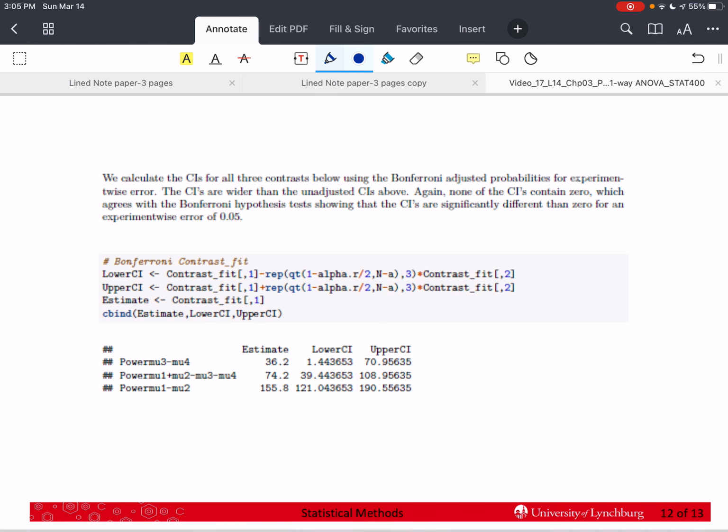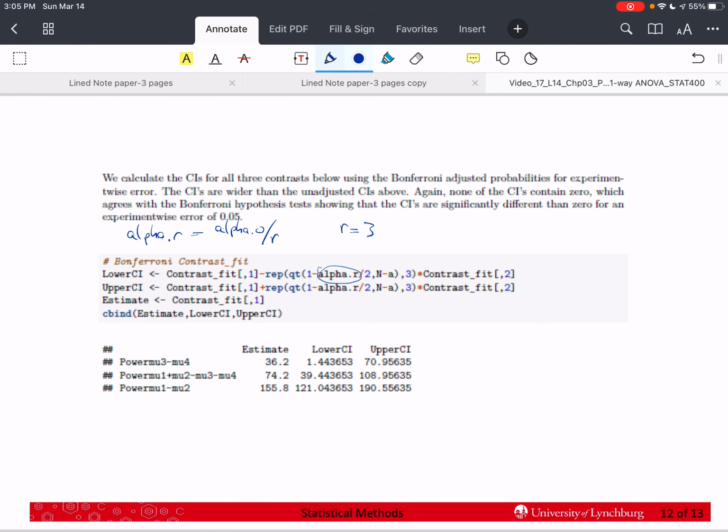Now, we can calculate the CIs for all three contrasts with the Bonferroni adjusted probabilities. Here I'm using 1 minus alpha.r divided by 2. So alpha.r was defined as alpha.0 divided by r, and r here should be equal to 3.